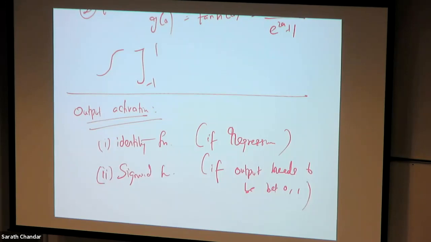You can do that with the sigmoid function. Now, if you have a multi-class problem, then you can use a softmax function for a multi-class probability distribution. We have already seen the softmax function. Is that clear? Any questions about activation functions?